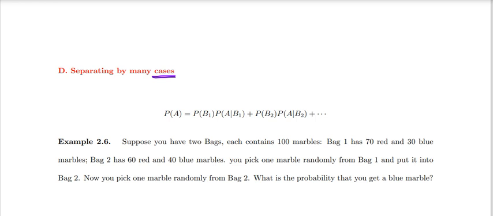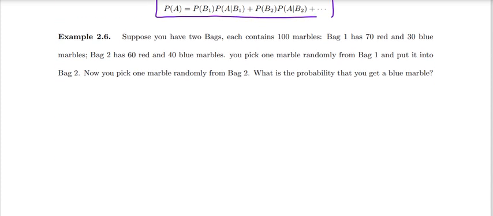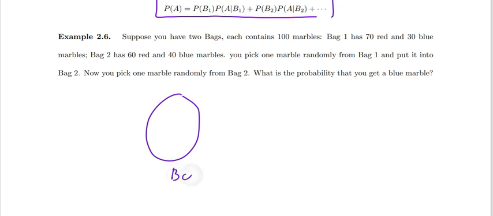This formula is just to check all situations, right? So consider all conditions. Okay, so let's consider the problem. Suppose you have 2 bags. Let's say bag 1, bag 2.